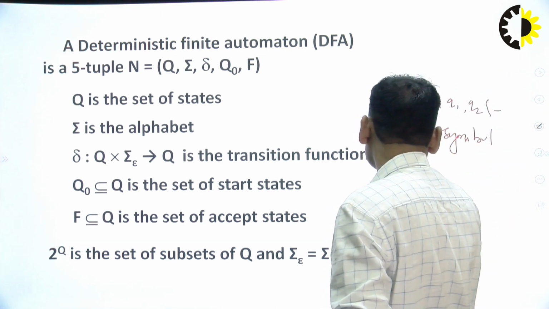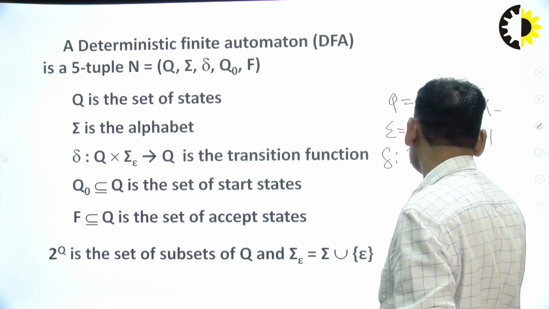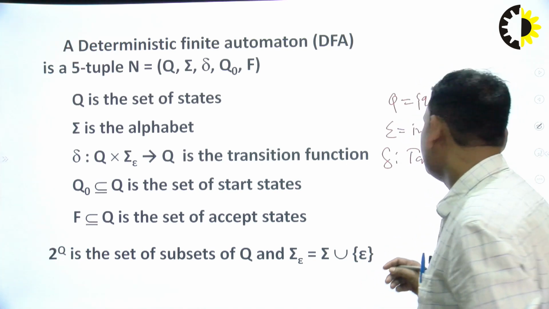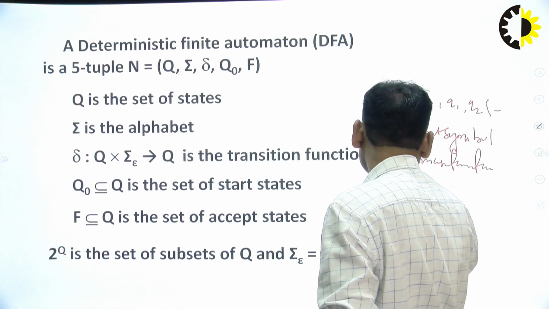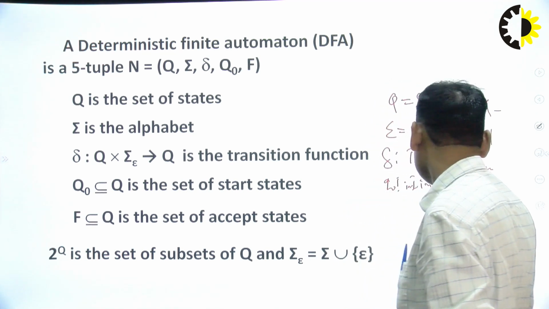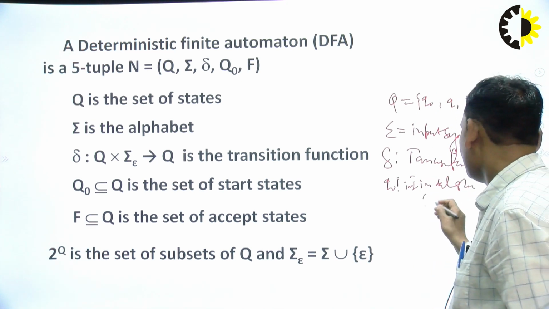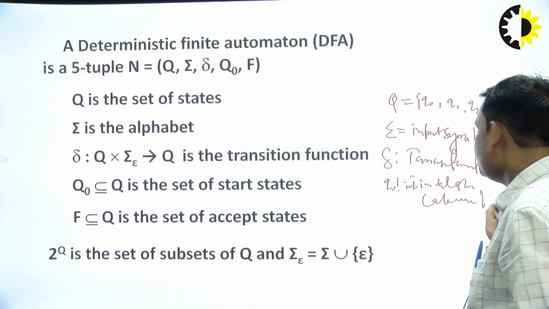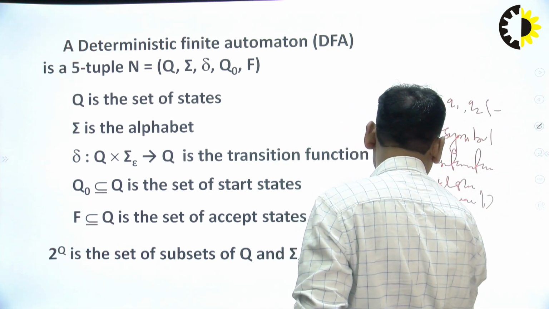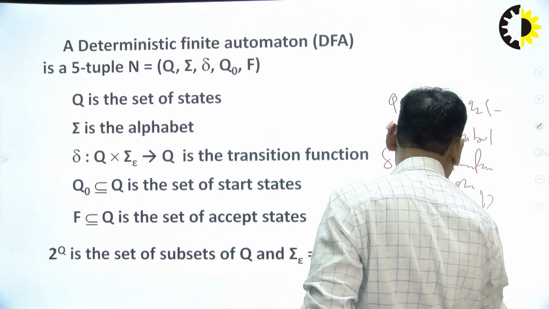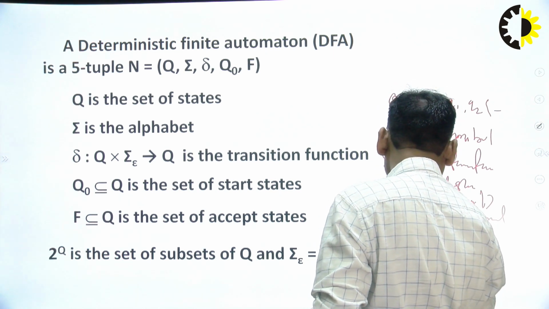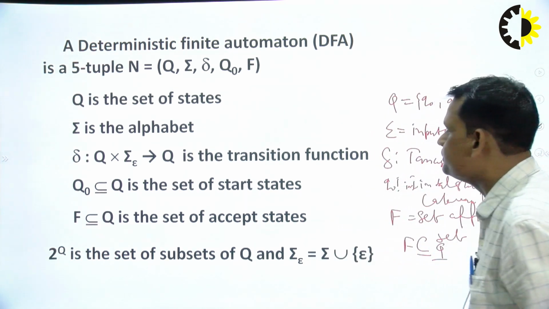Third is the transition function, and fourth is the initial state, Q0, always one, only one. And capital F is the set of final states, F is a subset of capital Q.